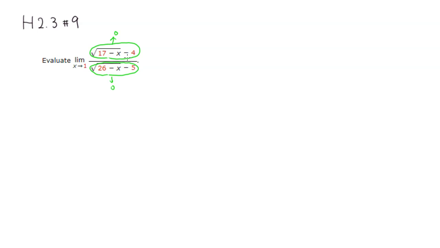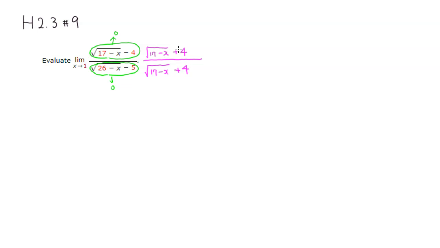First, I'm going to multiply top and bottom by the numerator, except with a different sign. So we put the square root of 17 minus x plus 4. Then we do the same thing on the denominator, multiplying by exactly the same thing.